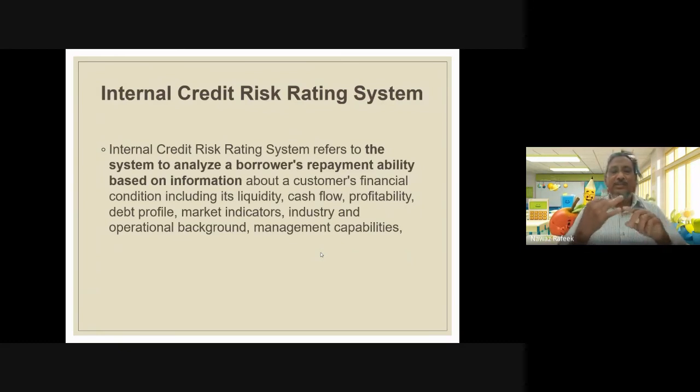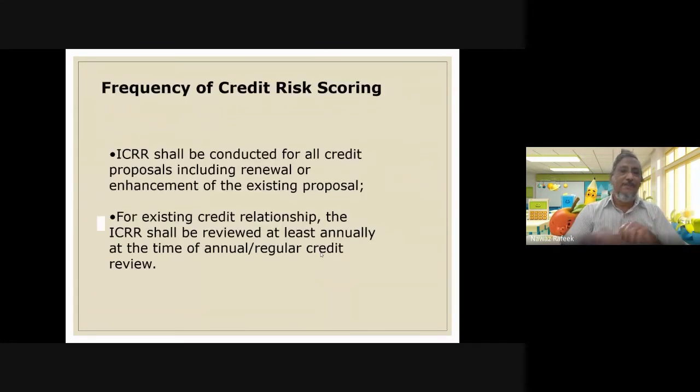There are 8 parameters introduced under this internal credit risk rating system. You have to give a rating to each and every category by your own, 5 to 1. 5 is the highest, good condition, 1 is the lowest, based on the customer's performance.